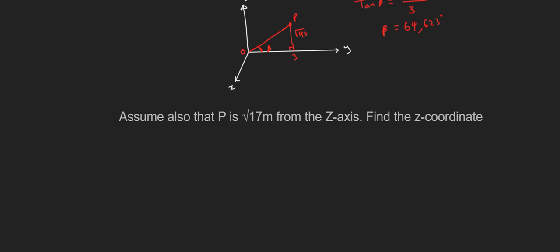Now the next question is saying assume that P is also root 17 away from the z-axis. So if this is P here, and this is the z-axis, it is root 17 away. Find those coordinates.